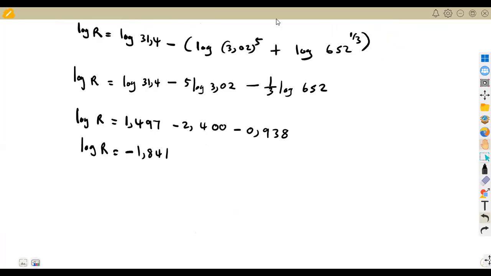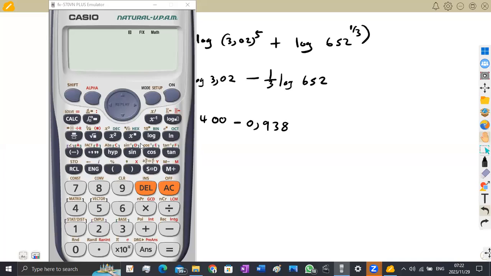If you check on your calculator, where there is a log, the antilog is the one that is on top, which is 10 to the exponent of. If there is a ln, to remove a ln, you introduce e, which is that one on top. So when there's a log, you remove with 10 to the exponent of the number. This one is the log, but antilog is the one on top of that log, 10 to the exponent of.